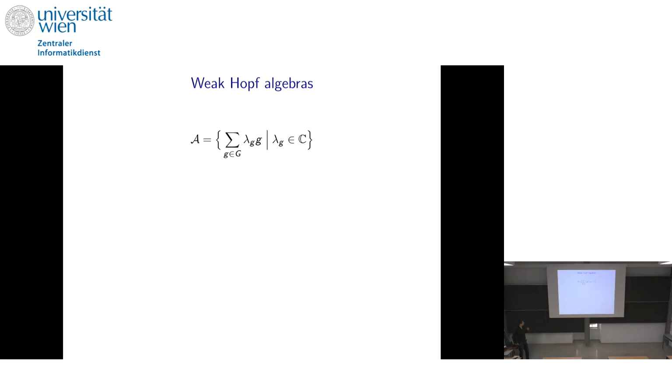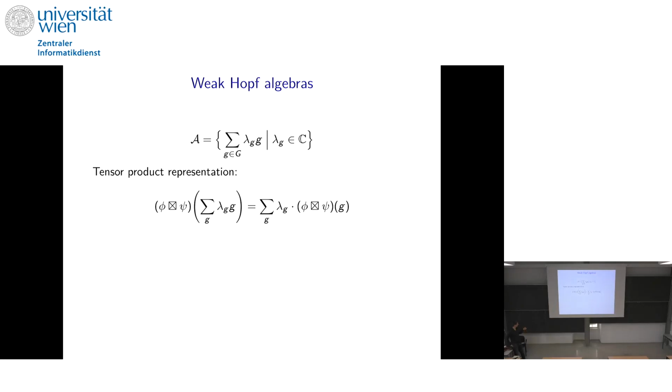It's the same as the previous representations of groups, because when you talk about representations of groups, you actually talk about representations of group algebras. We learned before that we can take tensor products of representations of groups. The same thing works for tensor products of representations of group algebras.